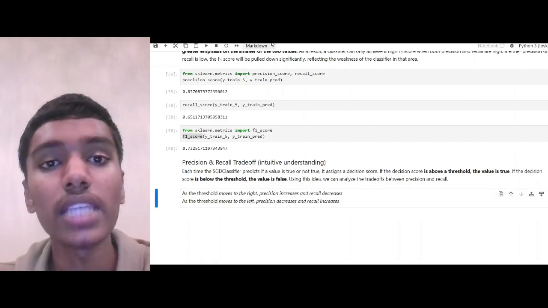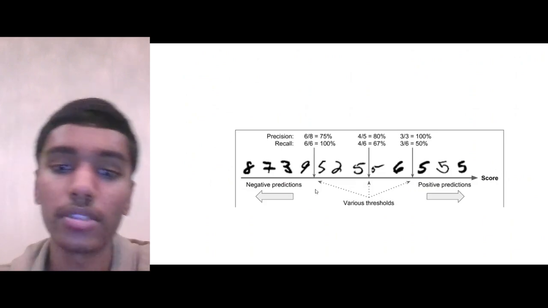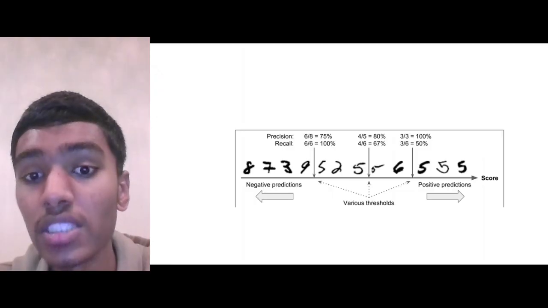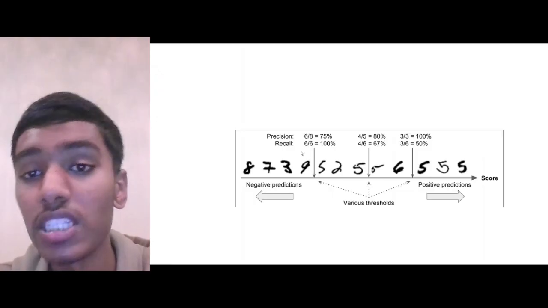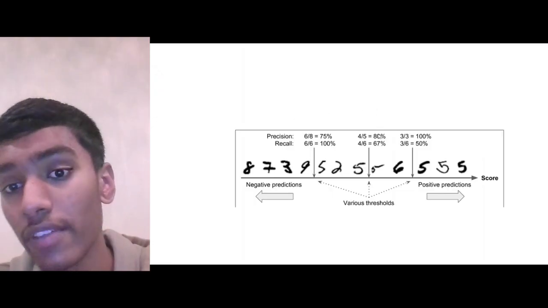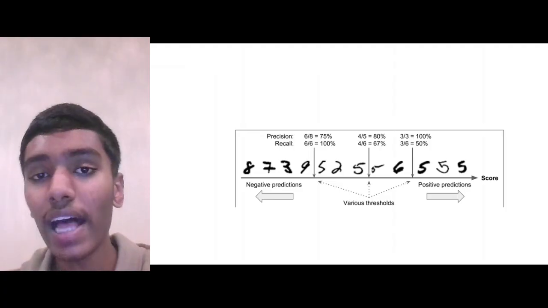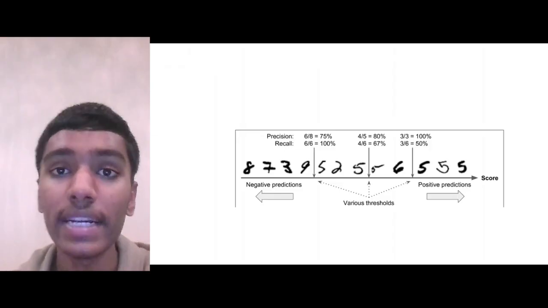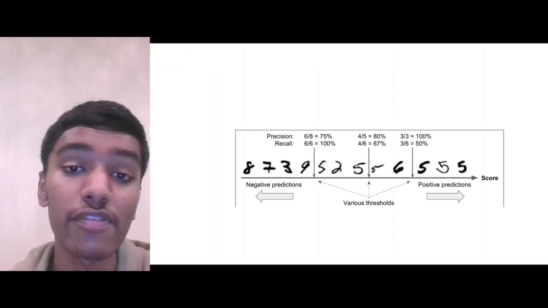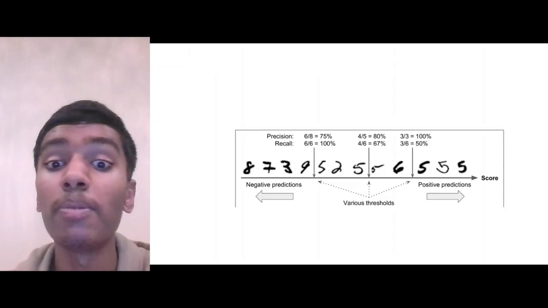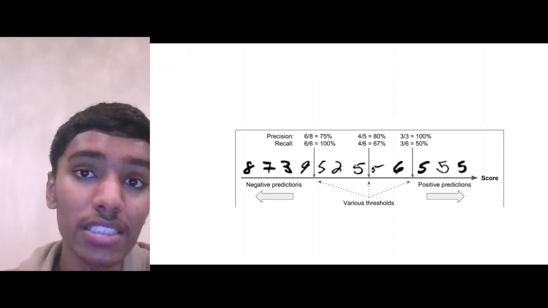And so you can use the same logic the other way around. If you go to the left, what's going to end up happening? Well, that means more values are going to have a decision score to the right of the threshold. If it's easier for values to come above the threshold, then it's more likely for the values that are predicted as being true to actually be false.